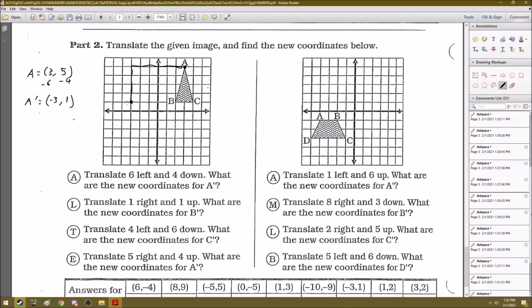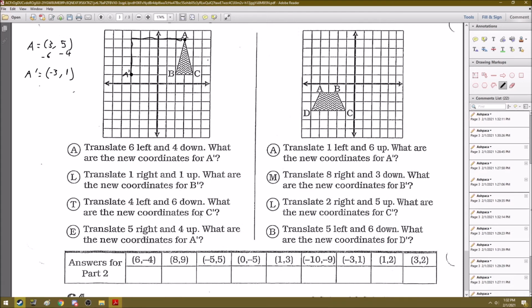So A should end up there. So that would be A prime. And if we look at what those coordinates are, we are at -3 on the x and +1 on the y, which is what we got. So now you can come down here, find -3, 1. It looks like it's going to be right here, and write the letter of the problem we were doing, which was A.